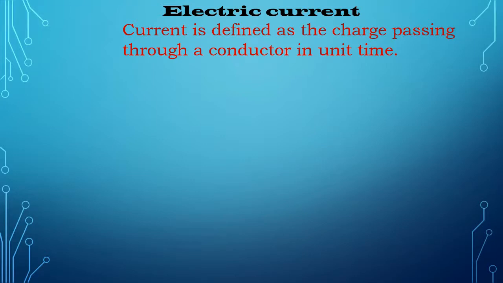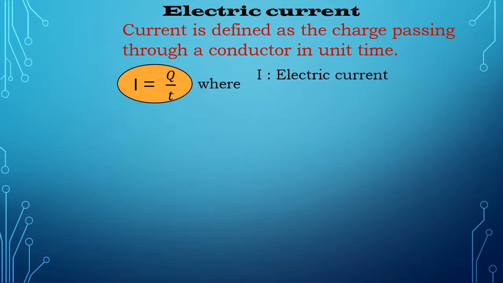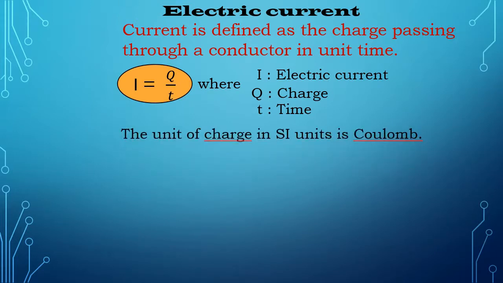That is, I is equal to Q upon T, where I is the electric current, Q is charge, and T is time. The unit of charge in SI system is Coulomb. Therefore, unit of current is Coulomb per second, which is also called as ampere.